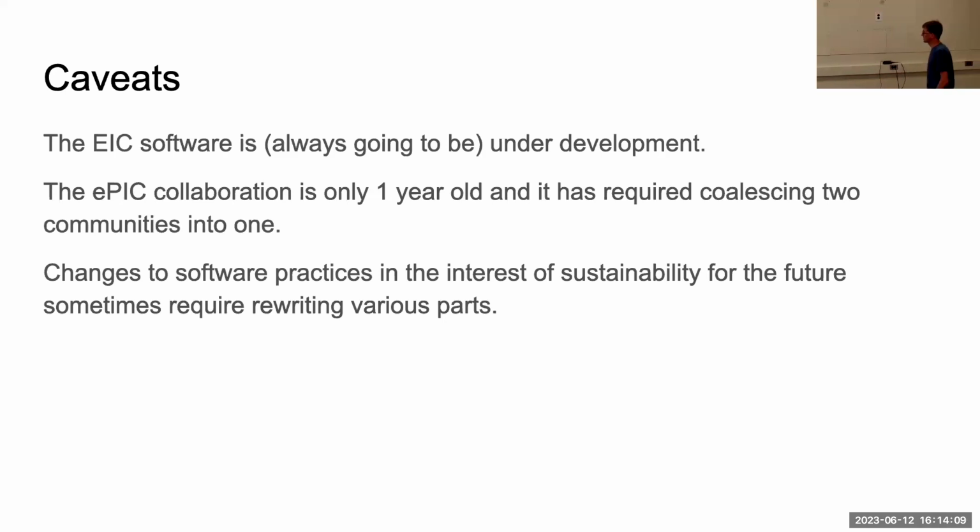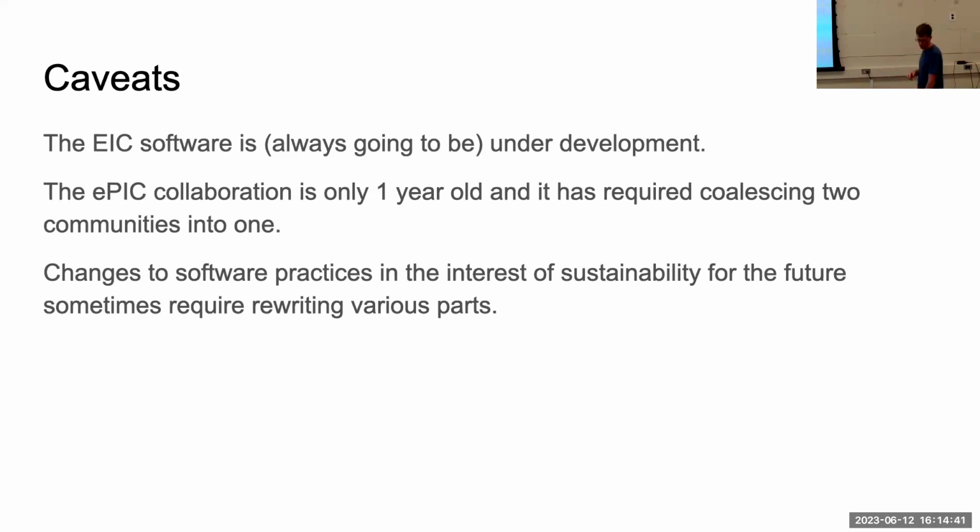The collaboration is only 1 year old, or maybe slightly over 1 year old. And it has required taking the communities of the 2 detector proposals and merging them into one. That was something that went with less friction than I thought it was going to be, but still there was some friction. So even in that 1 year, we didn't all work in the same direction necessarily all the time. So keep it in mind.